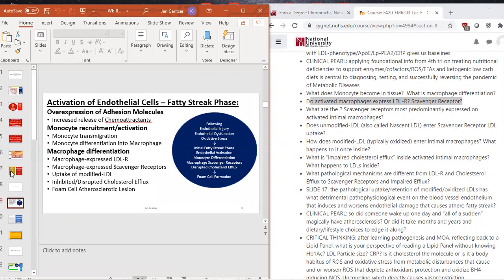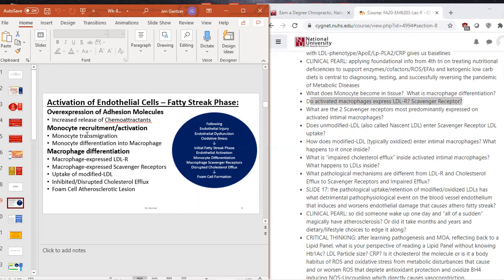All right. So as we get into the macrophage differentiation, now that we're looking at the mechanism of action of the fatty streak, which is your foam cell formation, we need to appreciate that your monocyte got called in by chemoattraction and by adhesion molecules. Your ICAMs and VCAMs grabbed and activated it, your selectins allowed it to roll along, and then you had transmigration and diapedesis.